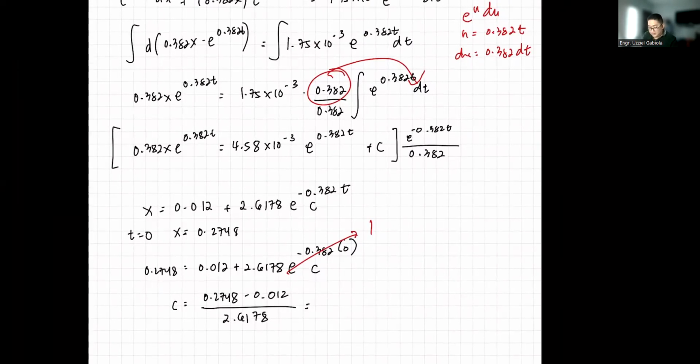Yan, 0.1 nga din yung nakukuha ko. Sige, let's continue. 0.2748 minus 0.012. Divide natin ng 2.6178. So, yung value natin is 0.100.